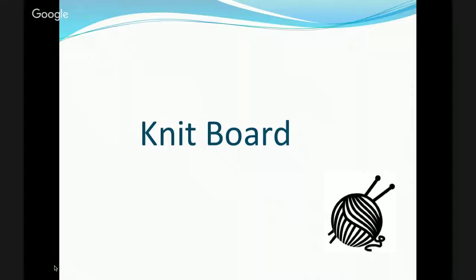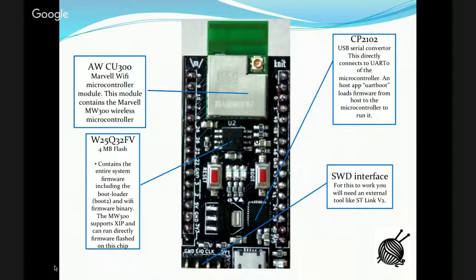Yeah, so this is the main board. The cost of this board is around 1,000 rupees, so it is cheap, and you can build your application around it. It has very few external components. This is the main wireless microcontroller module.